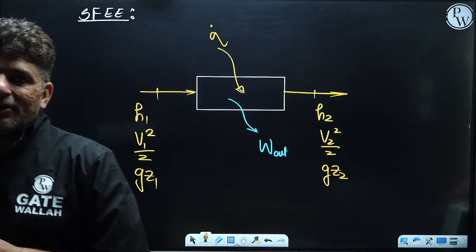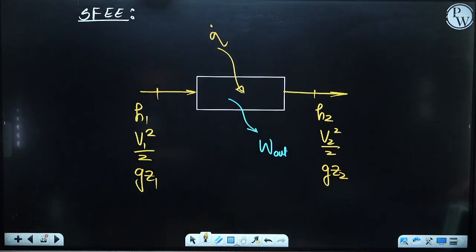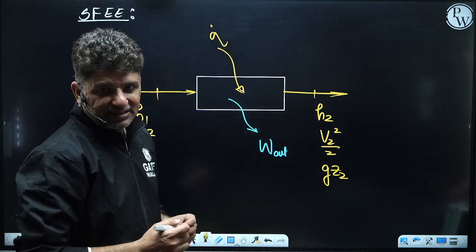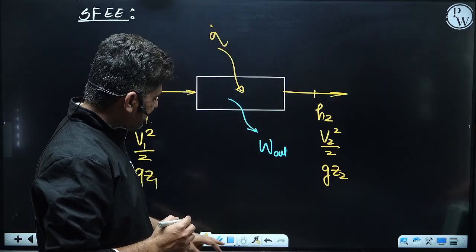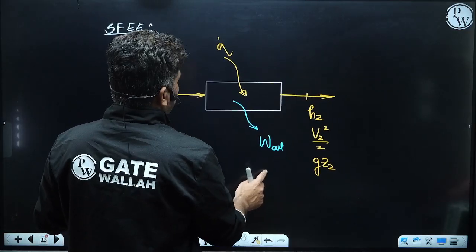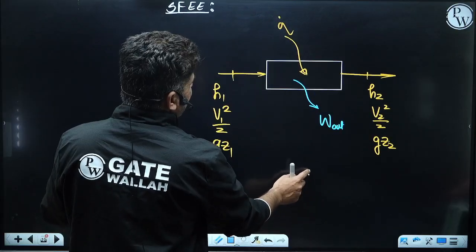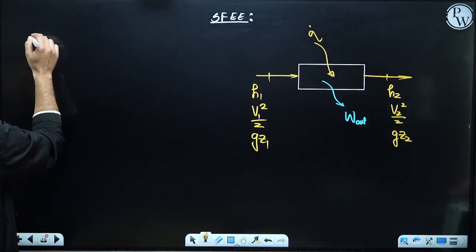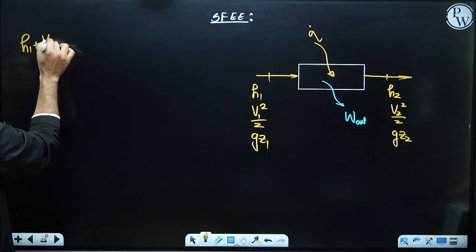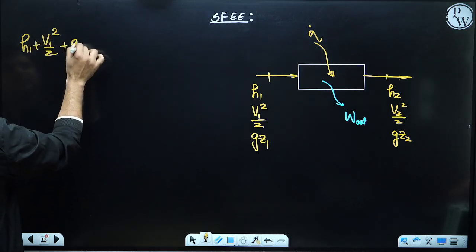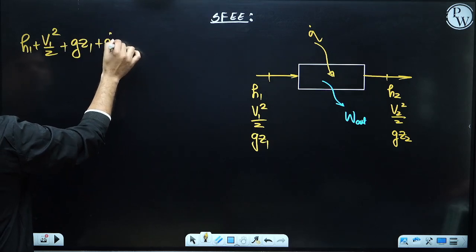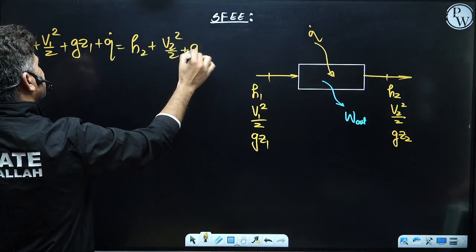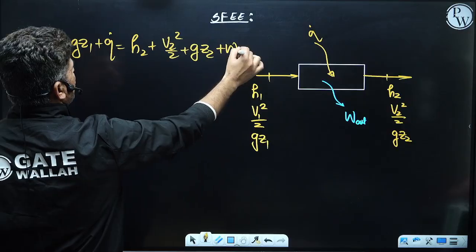In the last class we had seen that these terms can be combined together to give conservation of energy. In steady state we can combine all these terms, and this equation can be written in a much better form. Using the steady flow energy equation: H1 plus V1 square by 2 plus gZ1 plus Q dot will be equal to H2 plus V2 square by 2 plus gZ2 plus W out.